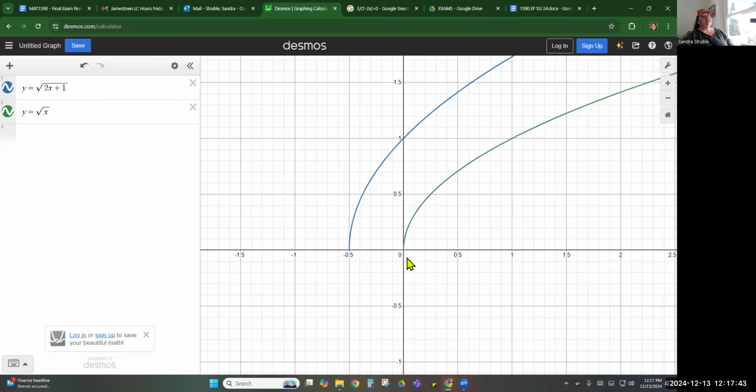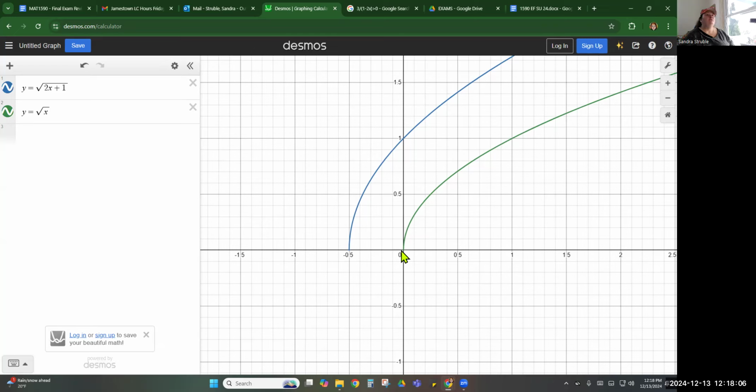Did it go down? Did it go right? Did it go left? Do we have a horizontal shift, a vertical shift? Do we have a stretch? Do we have compression? Well, all we have is a horizontal shift, and that's because it's inside with the x. Oh, actually, we have more than that. No, we've got a compression as well.